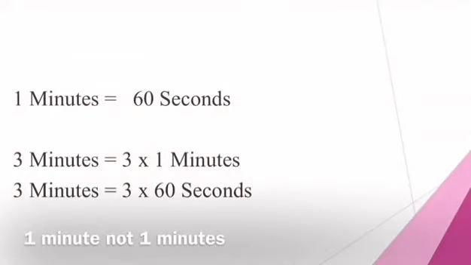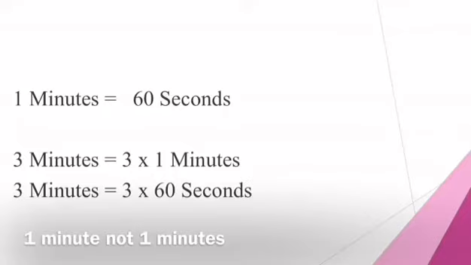Well, that is where this comes in handy, because we know that 3 minutes is 3 times bigger than 1 minute. So we can times our 1 minute by 3. We also know that 1 minute equals 60 seconds. Therefore, we need to times 60 seconds by 3 because both measurements are becoming 3 times bigger.